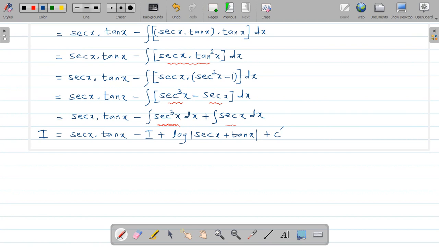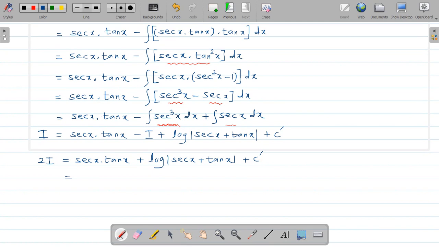Okay, now if you transfer this minus I to the left hand side, then what will you get? We get 2I is equal to sec x into tan x plus log of modulus of sec x plus tan x plus c dash.